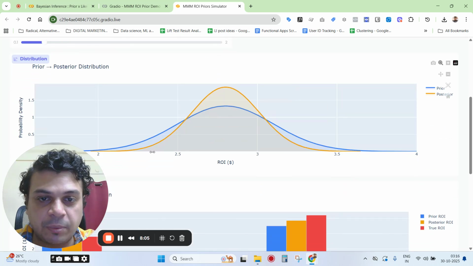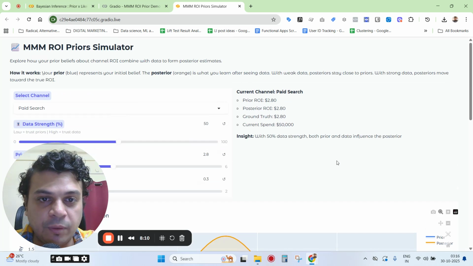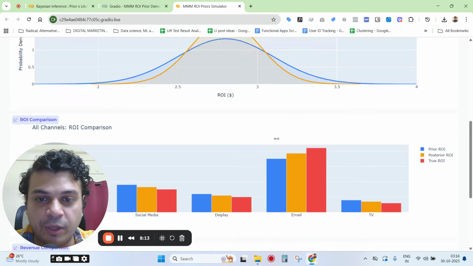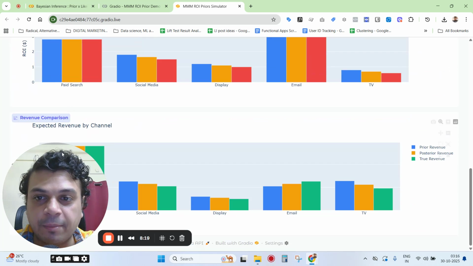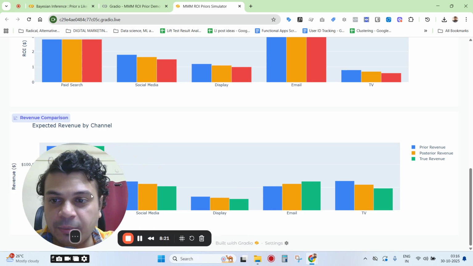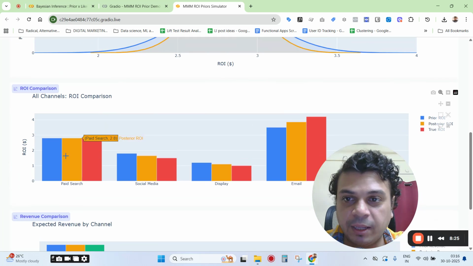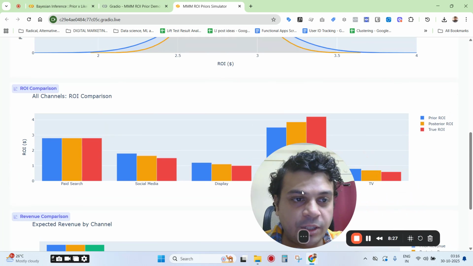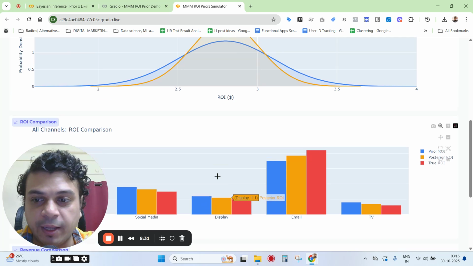They're starting to look much more similar now, but both of them are still centered around 2.8. And you'll see that these three bars are at the same level in this app. It shows the expected revenue by channel, and also the ROI for each channel, and the three bars for the prior, posterior, and true ROI are the same.